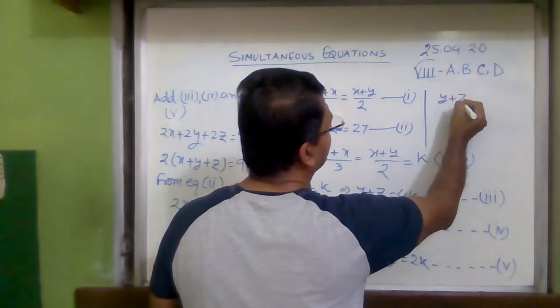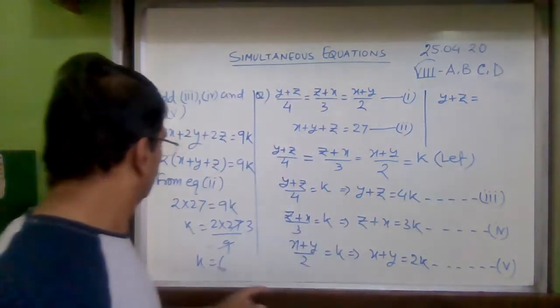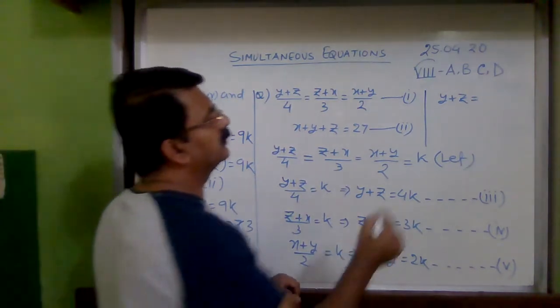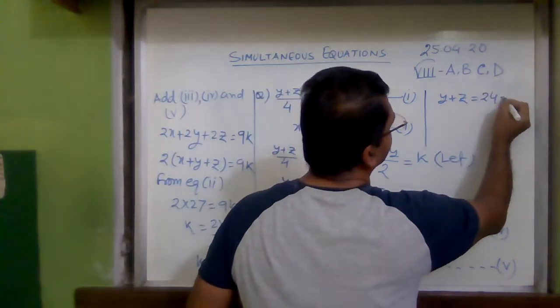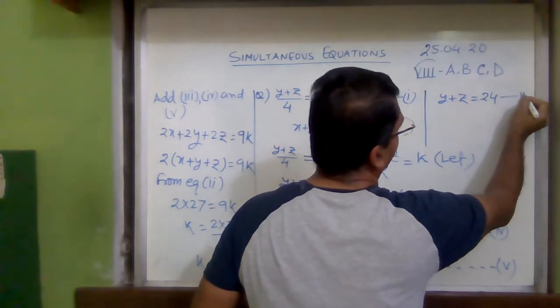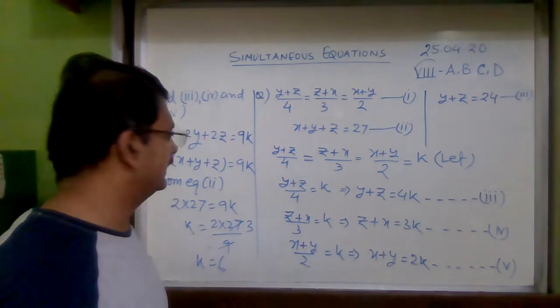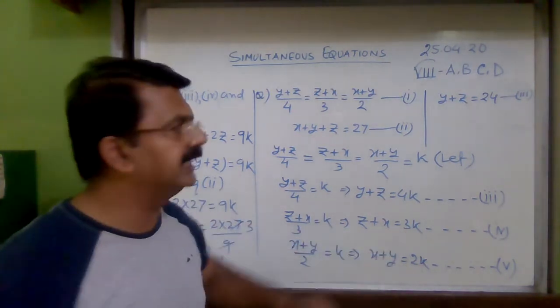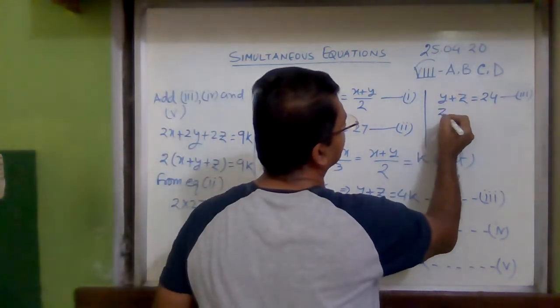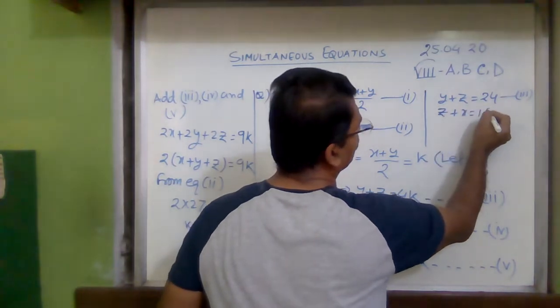y plus z is equal to k is 6. So 6 into 4 is 24. This is equation number 3. Now here in place of k, if you write 6, 6 into 3 will be 18. So z plus x is equal to 18.